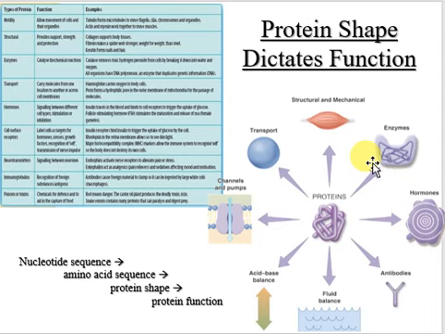There are enzymatic proteins, which allow for the selective acceleration of chemical reactions. Enzymatic proteins will regulate metabolism by acting as catalysts. And again, that allows them to selectively speed up chemical reactions.